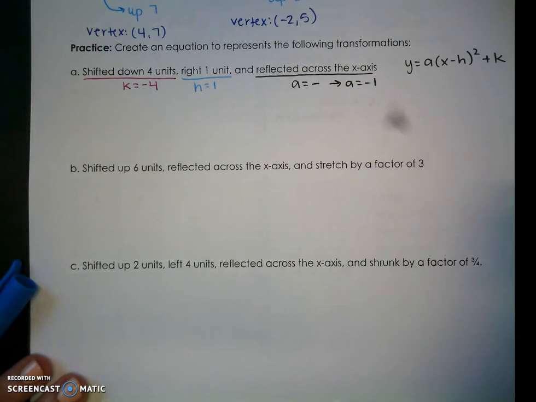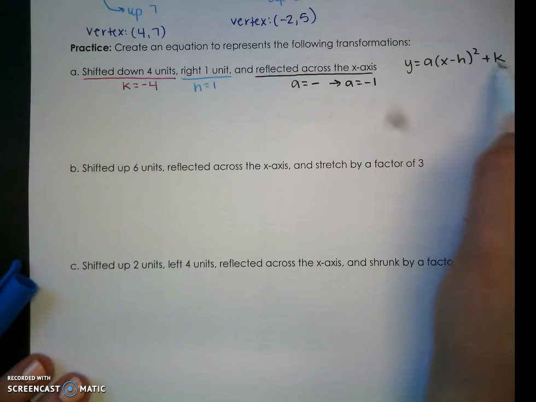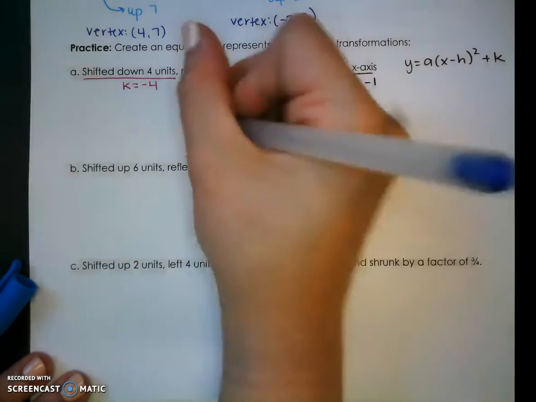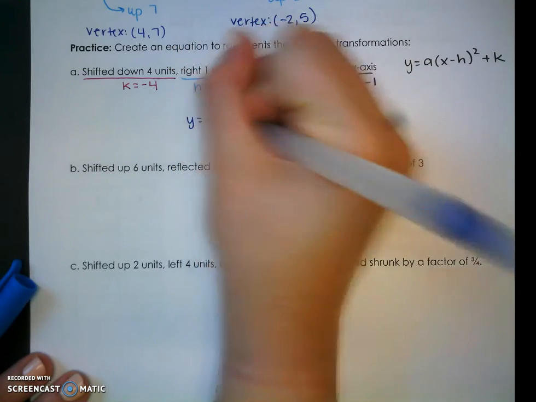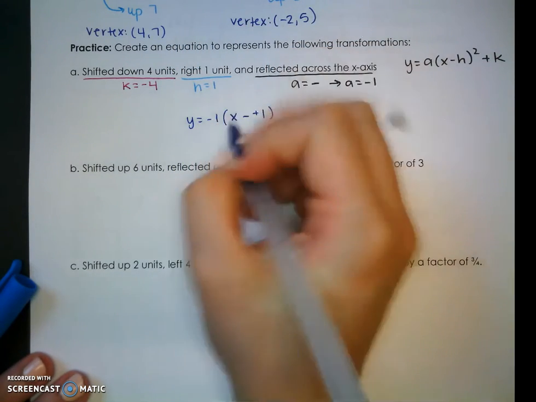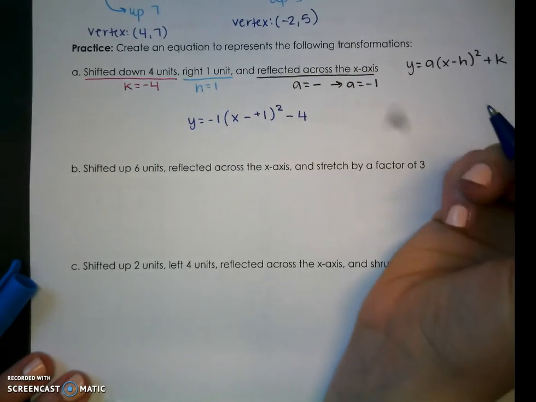So all I have to do now is plug this A in here, this H in here, and this K value in there. So y is equal to A times x minus h, and I'm going to write it as minus a positive for right now, just kind of stick it in your brain, -4.